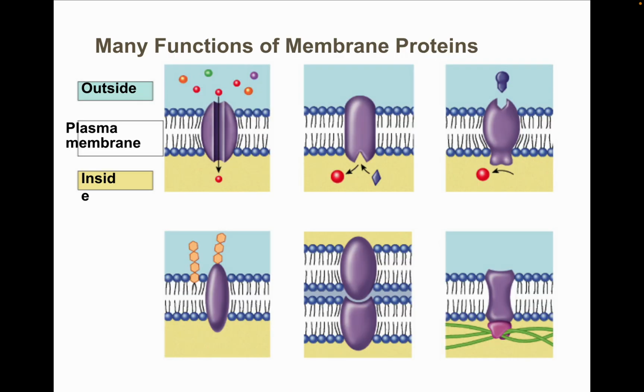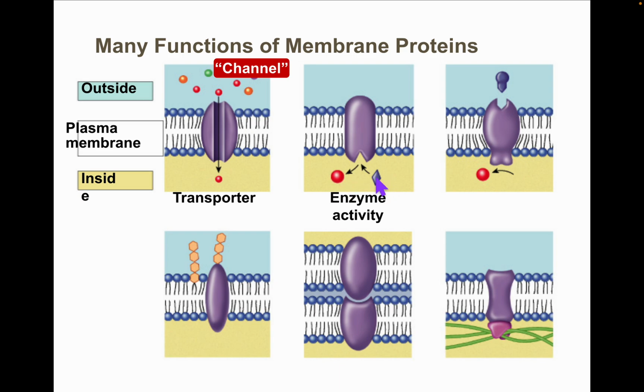So there's many functions of membrane proteins. So we're looking at the outside and the inside, and this is the plasma membrane, okay? And we're looking at different types of proteins, and it's important for us to know the different types of proteins that are in the membrane. You have a transporter. I've been talking a lot about those. They act as a channel. You have enzymes that are embedded in the membrane, and we know that enzymes are those things that are speeding up reactions.